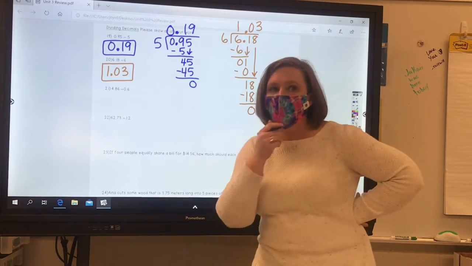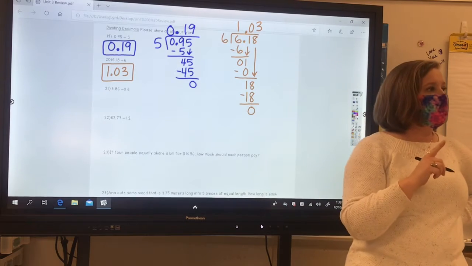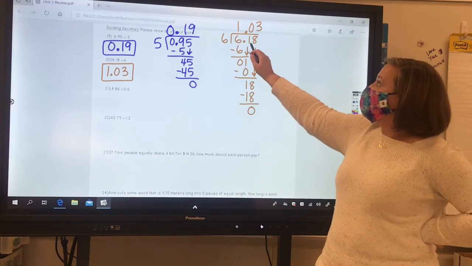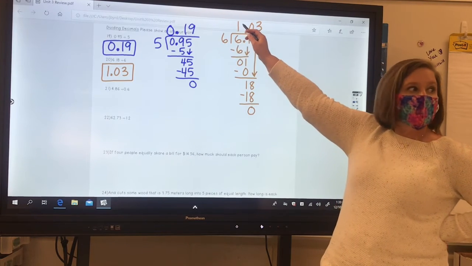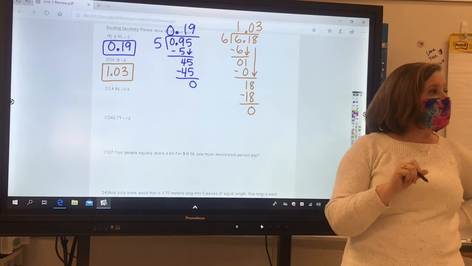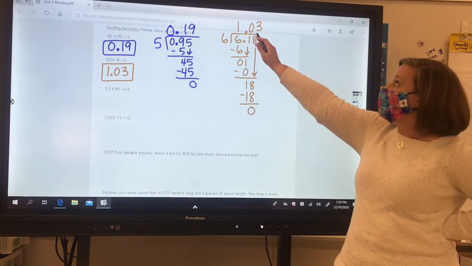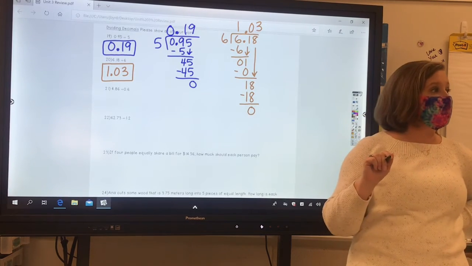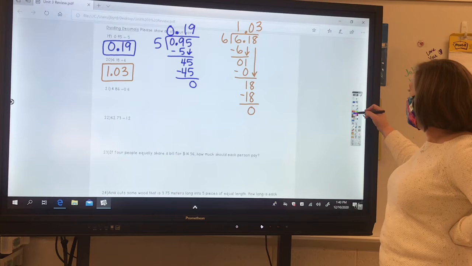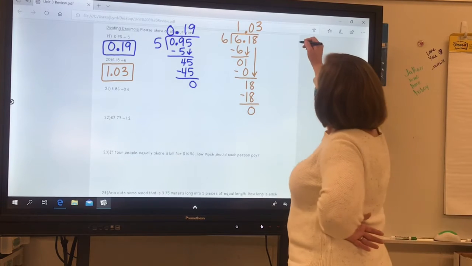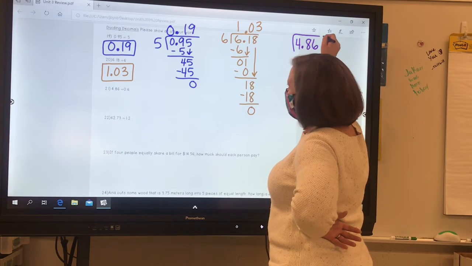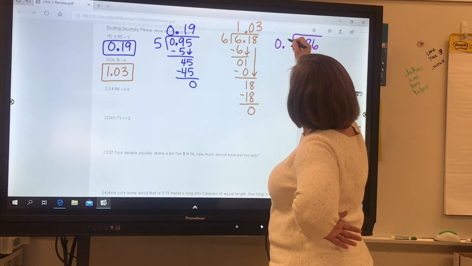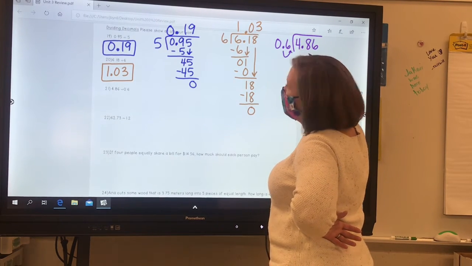All right, number 20. One of the tricky parts with number 20 is to make sure when you do 1 divided by 6, that's 0. You've got to make sure that you put your 0 up here on top of the 1, okay? That's one thing that some people miss. Number 21.